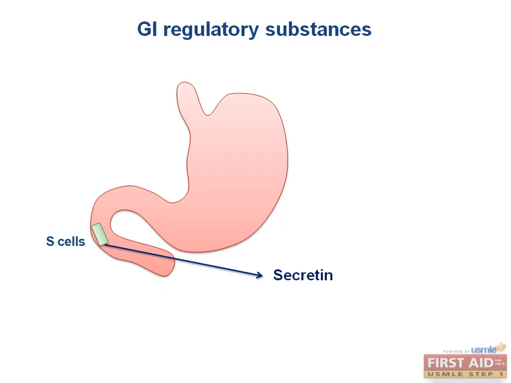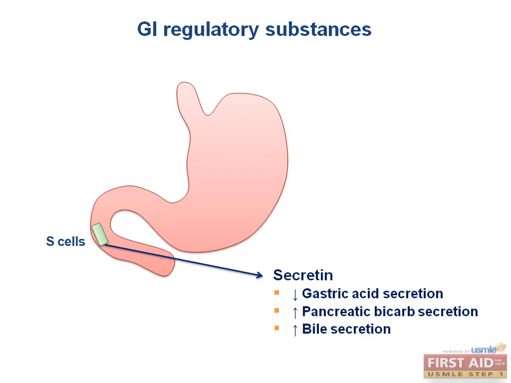Secretin is produced in the duodenum by S cells. What is its function? Well, secretin's functions are to reduce the amount of hydrogen ions in the small intestine, so pretty much act as a negative regulator of the acid. Similar to CCK, it works to increase secretions. Specifically, it increases pancreatic bicarb secretion as well as bile secretion.